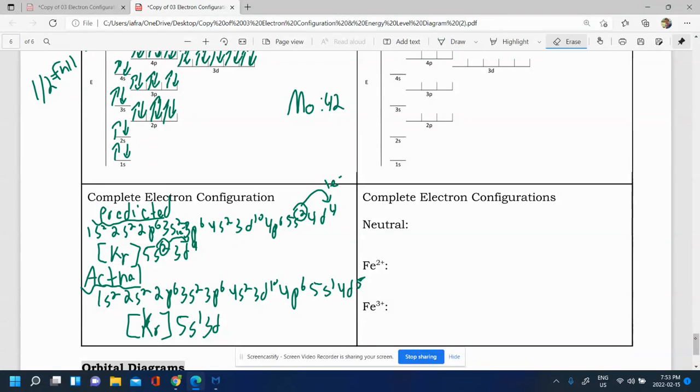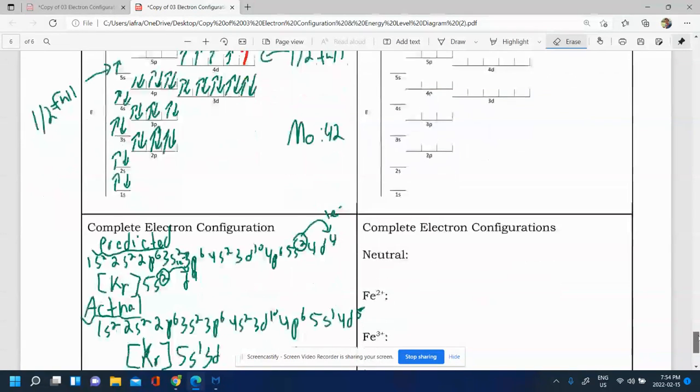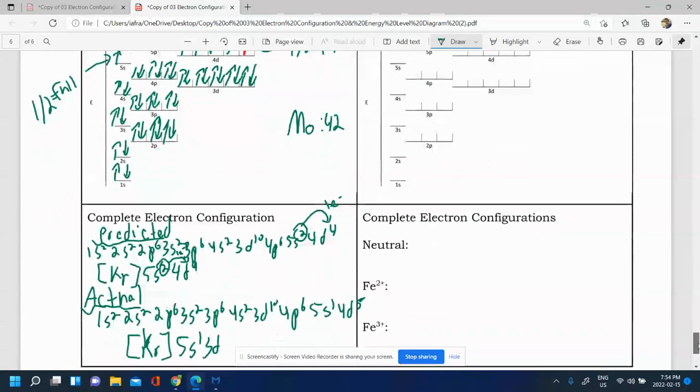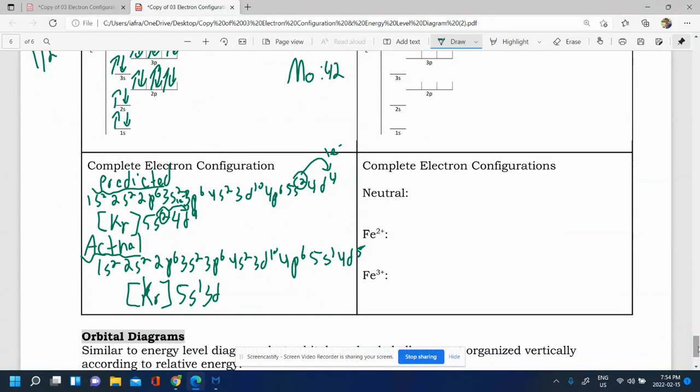Whoops, did I make a mistake there earlier? I think I did. That was a 4d that I should have done. And so you were probably screaming the whole time saying, no, that's a mistake. So 4d4 and 4d4 over here. 4d5. So half and half full, more stable overall.